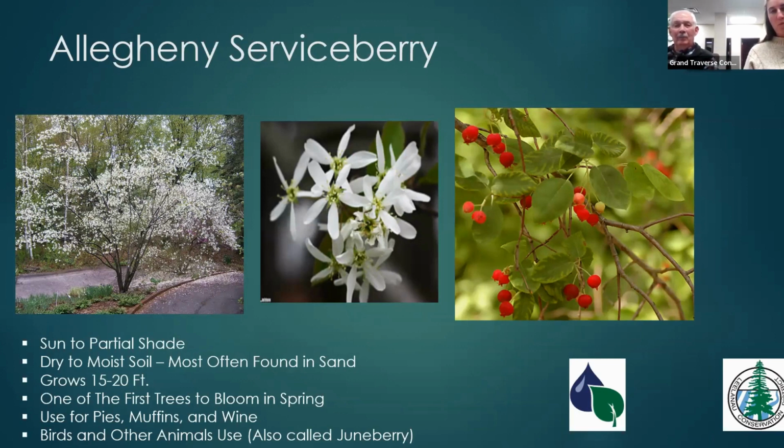Sun to partial shade, moist to dry soils, often found in very sandy soils in our state forest, grows 15 to 20 feet high, and it can be used again, tell where my priorities are, for pies and muffins and wine. And the birds especially like it. It is one of the first trees to have food on it for the birds, and another name for it is Juneberry, and that's where it comes from.